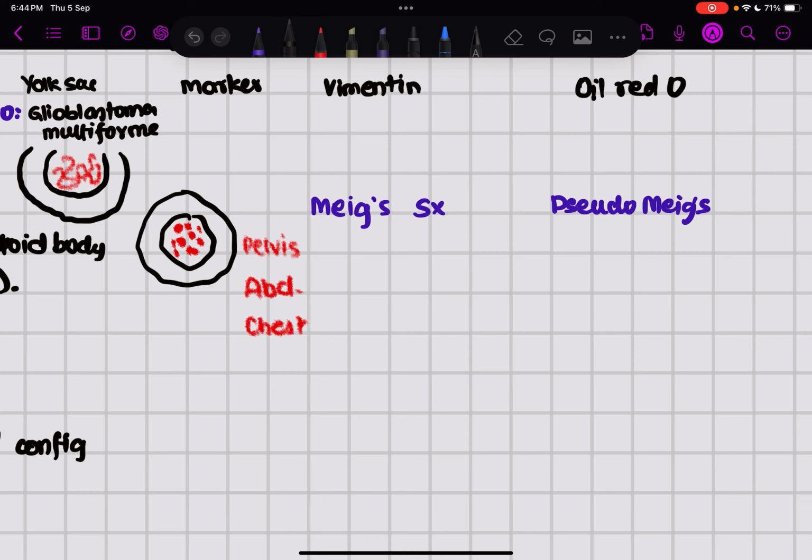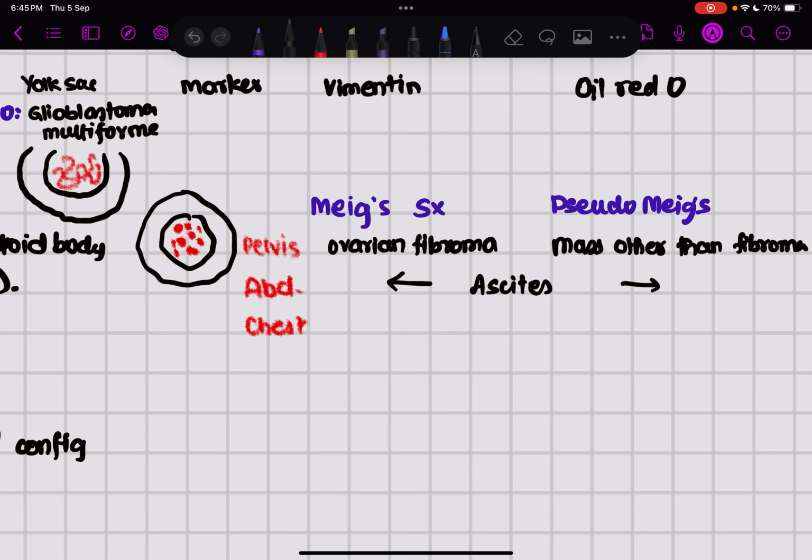In the pelvis, ovarian fibroma is seen. In pseudo-Meigs, any pelvic mass other than fibroma. In abdomen, we see in both ascites, and in the chest, right-sided hydrothorax.